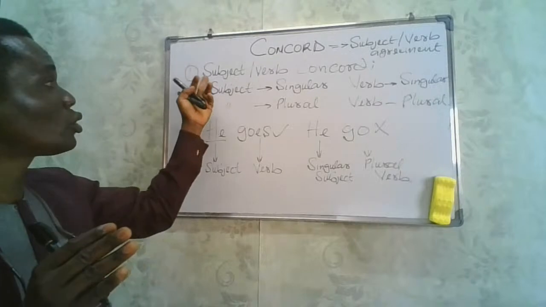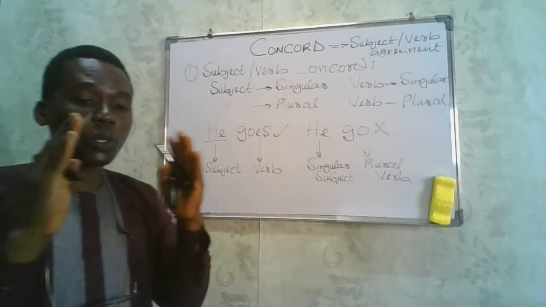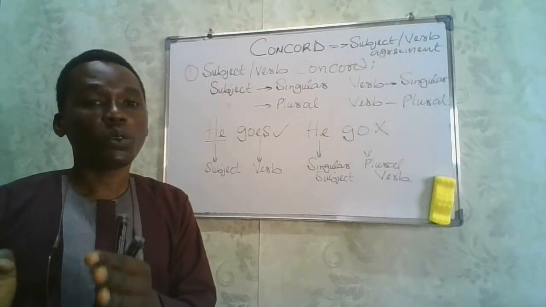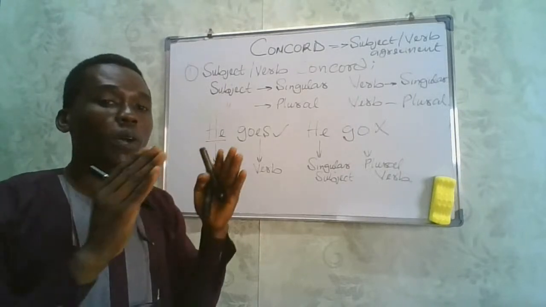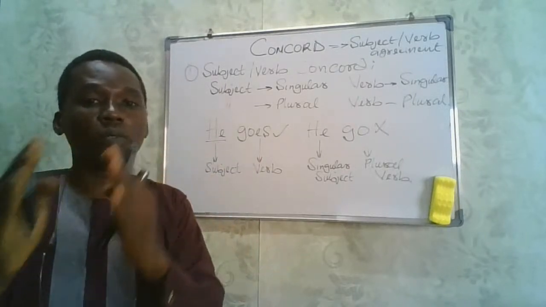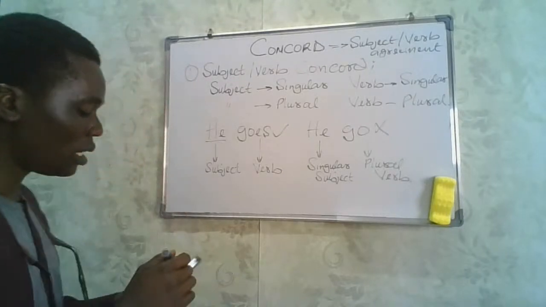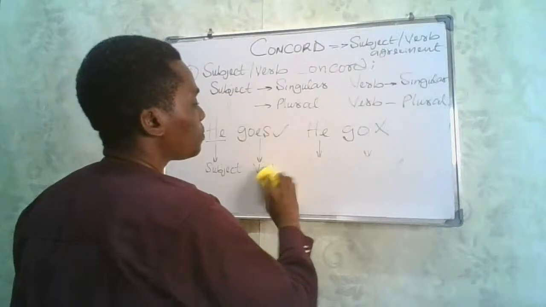So when we talk about subject-verb concord, the subject being singular means the verb must also be singular, and when the subject is plural, the verb must also be plural. Now, let's look at another good example.